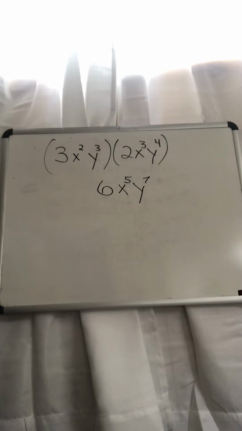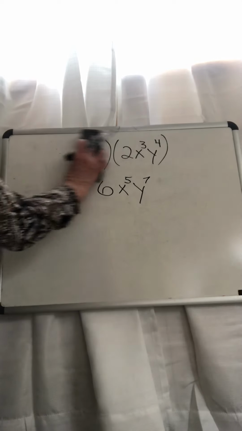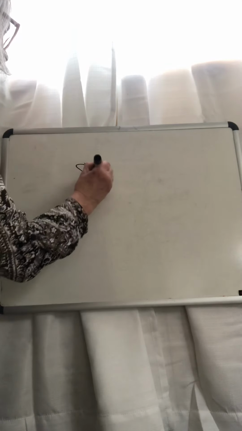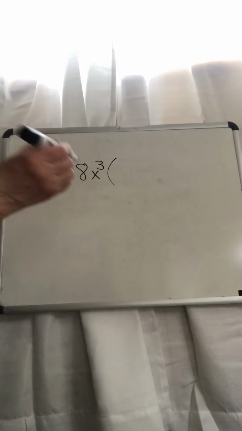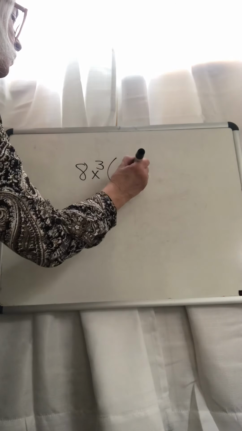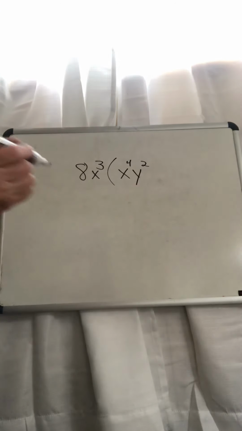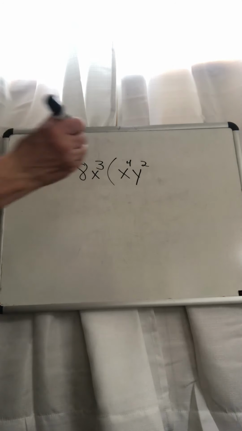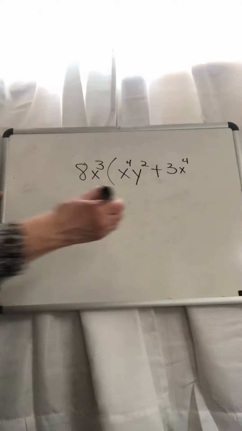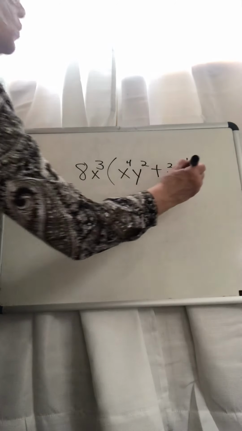Okay, and so if you look at number 9, you can see that it's just a little bit different because there's a number outside of the parenthesis. So we've got that 8x cubed, and we're multiplying it times x to the 4th, y squared, plus 3x to the 4th, and then just a y.